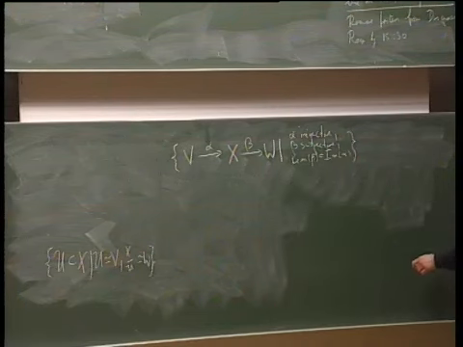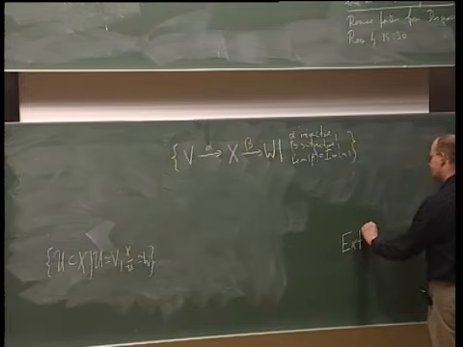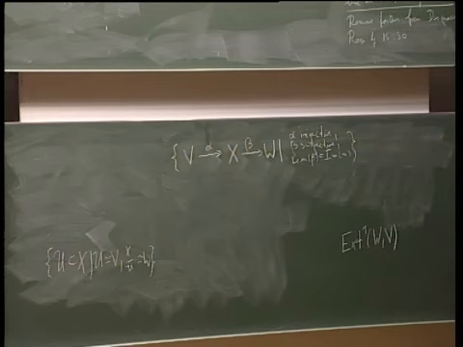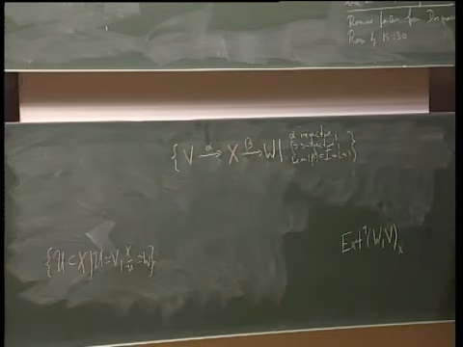And on here, I put another set, Ext^1(W,V) indexed by X. Now I have to explain what this is. Well, Ext^1 you can usually calculate by some projective resolution, but there's also an explicit definition for Ext^1, namely take the set of exact sequences with respect to a certain equivalence relation.